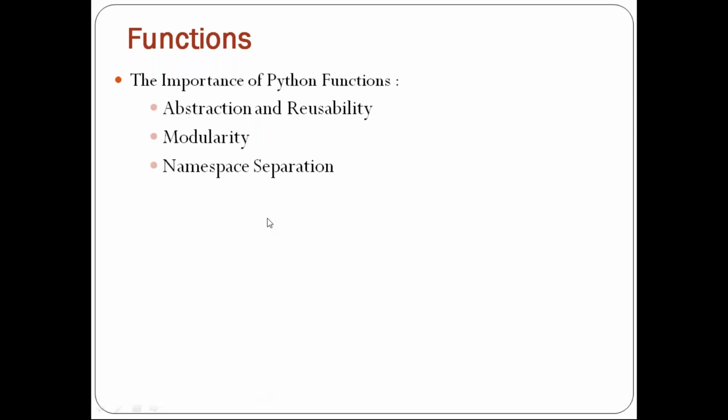Next, we are having 3 uses of functions. One is abstraction and reusability, then modularity, and namespace operation. Abstraction means end users of the function need not know what has been written inside this function.